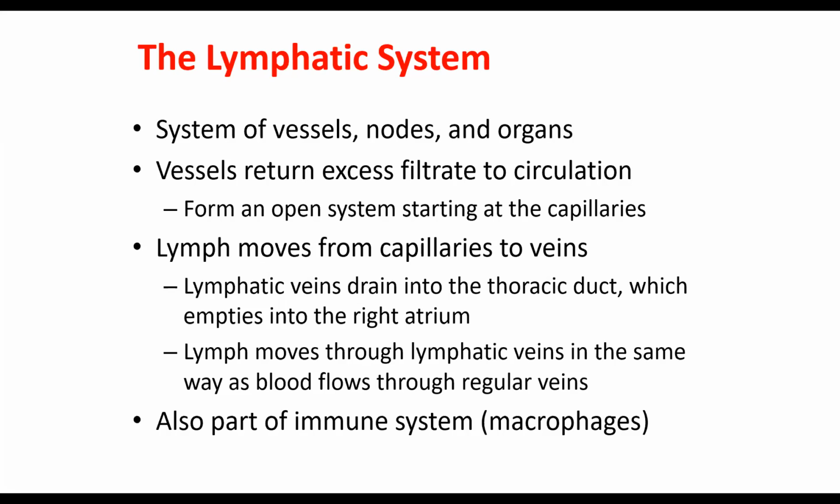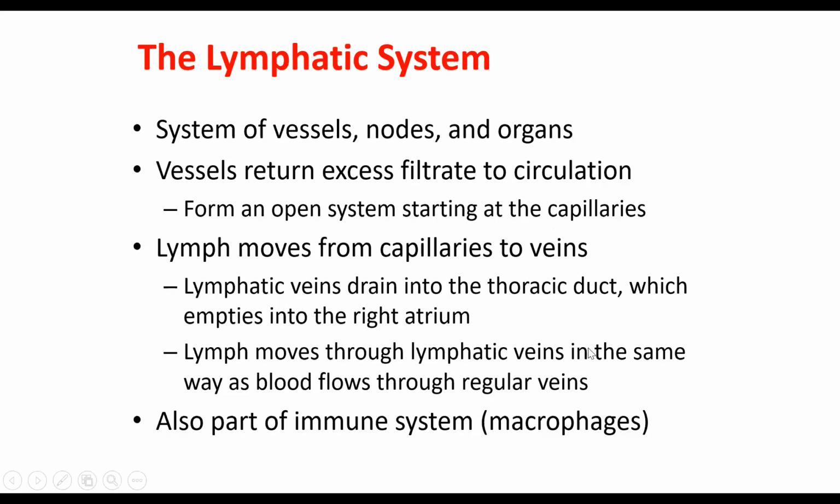Now, the entire right side of your body drains into another vessel altogether. So I'm getting a little bit into the details of the anatomy here in terms of that thoracic duct, but we'll talk about that in the lab, but I really want you to understand that there's two components to the drainage happening. So eventually that fluid gets back into the heart and back into the circulatory system.